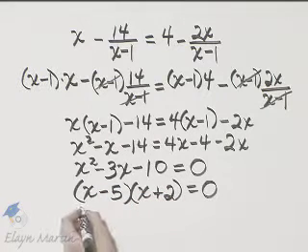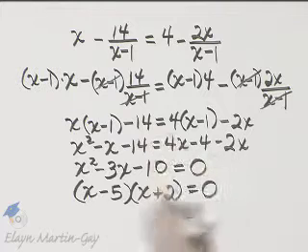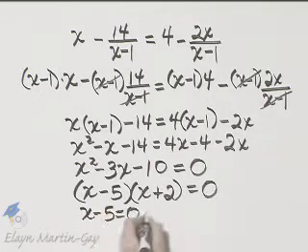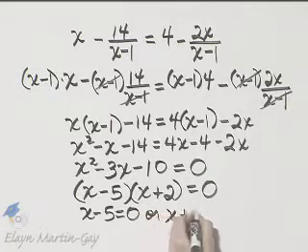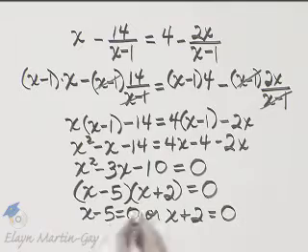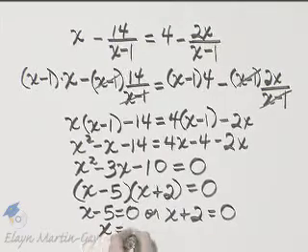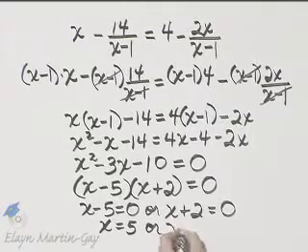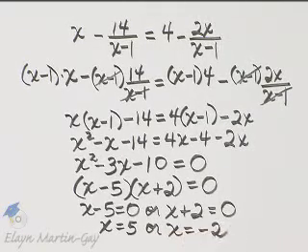And then remember, once we've factored on one side, we have 0 on the other side, we set each factor equal to 0: x minus 5 is equal to 0, or x plus 2 is equal to 0. How do I solve this? I add 5 to both sides, so x is 5, or here I'll subtract 2 from both sides, x is negative 2.